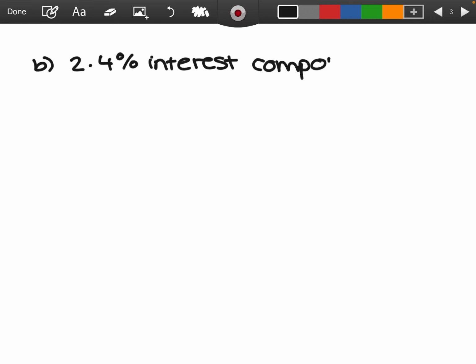Okay. Let's do another example. Let's say now I have 2.4% interest and it's compounded monthly. That means that I'm going to accrue interest 12 times during the year.